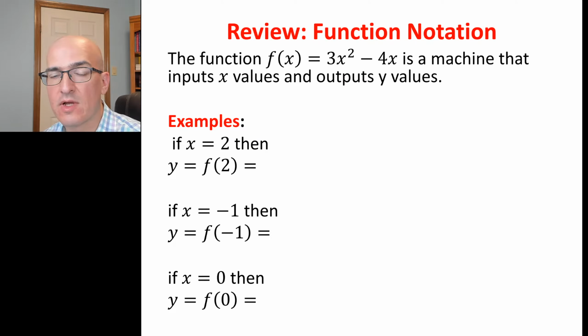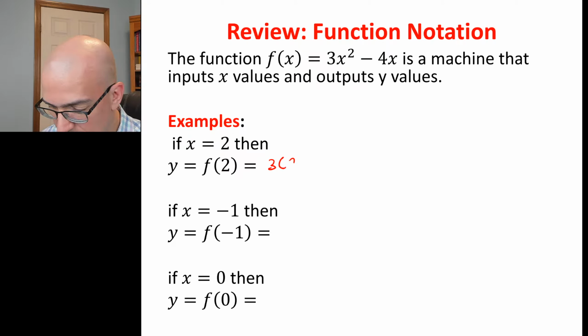In this example, we're given a function, f of x is 3x squared minus 4x, and asked to plug some x values into it. The first x value is 2. The notation for plugging x equals 2 into this function is f of 2. We're replacing x with a number that we're putting into it. That means we're going to replace x everywhere in the expression with 2.